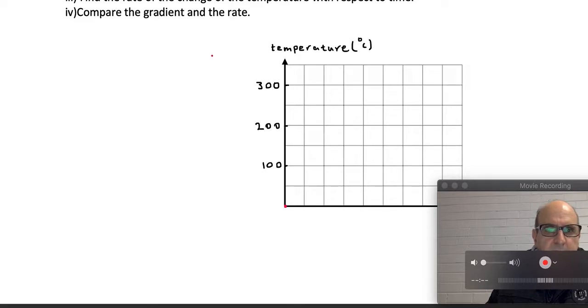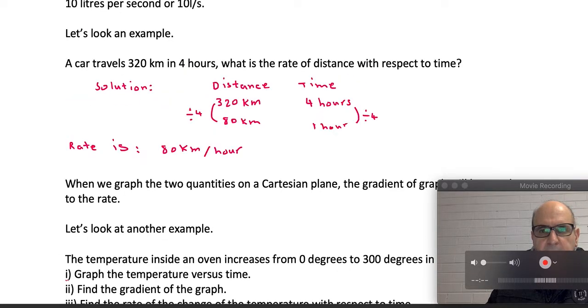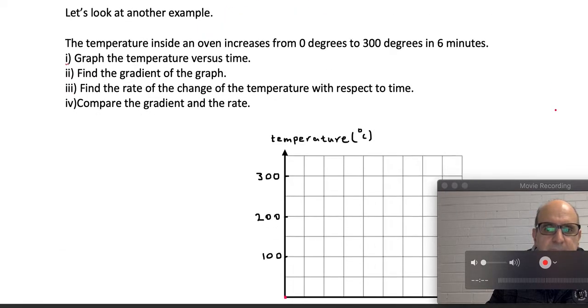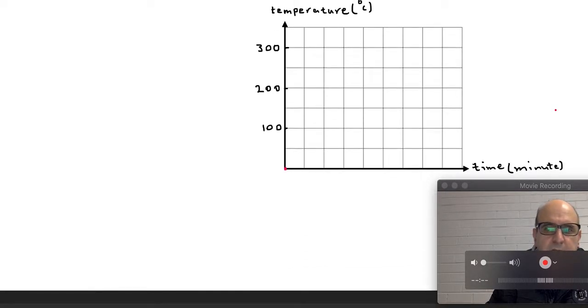Let's make each of the divisions 1 minute: 1 minute, 2 minutes, 3 minutes, 4 minutes, 5, and so on.